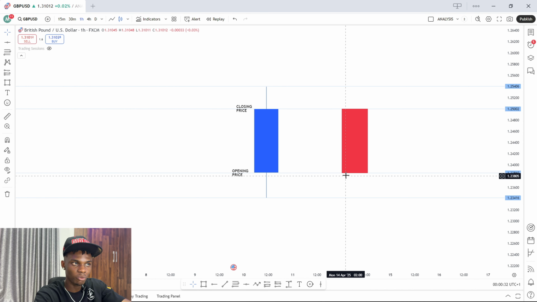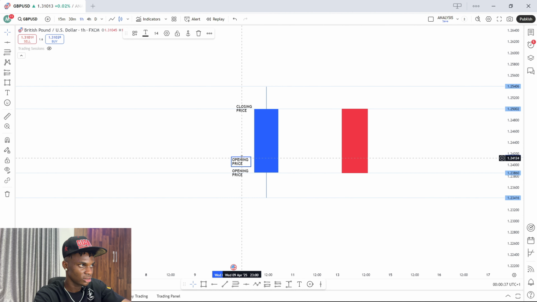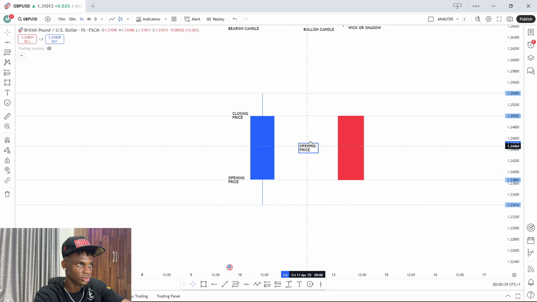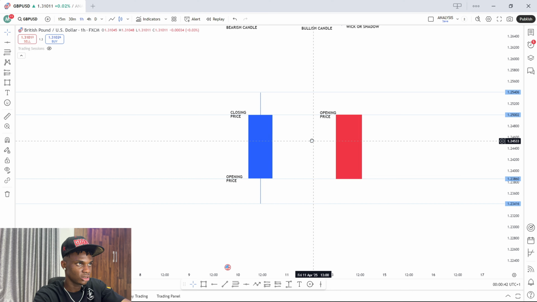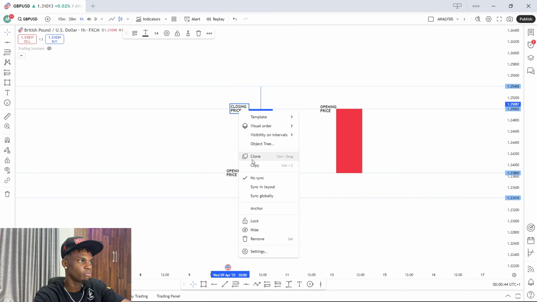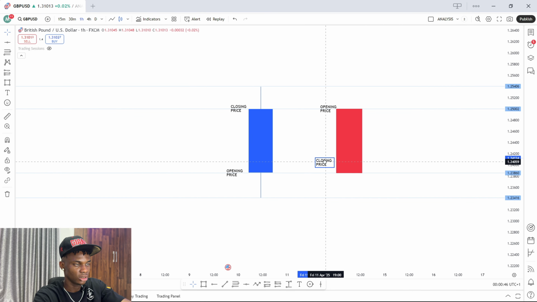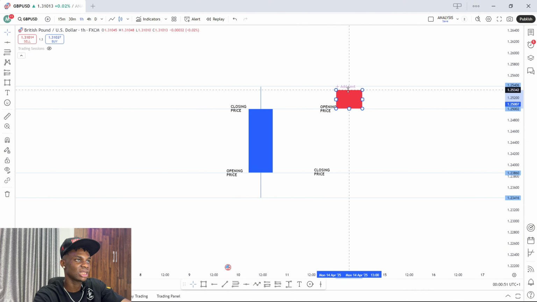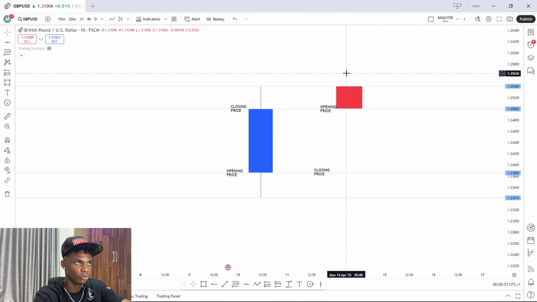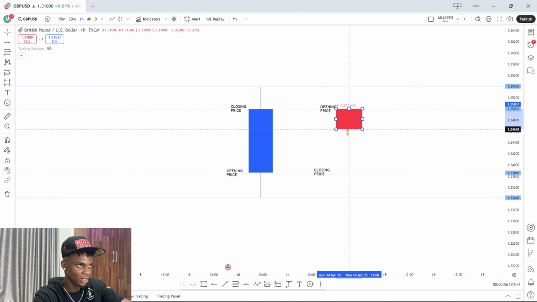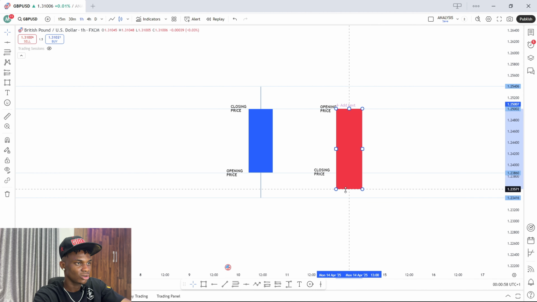Now in the sell scenario, it opens here. It might have gone up above, then rejected back and went all the way down to this point, for example, then rejected back also and closed here.